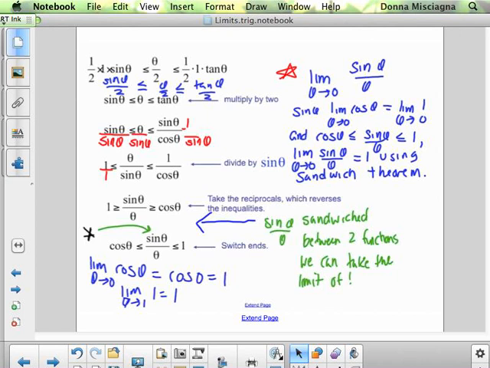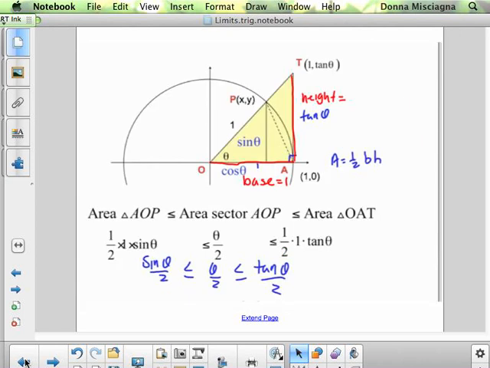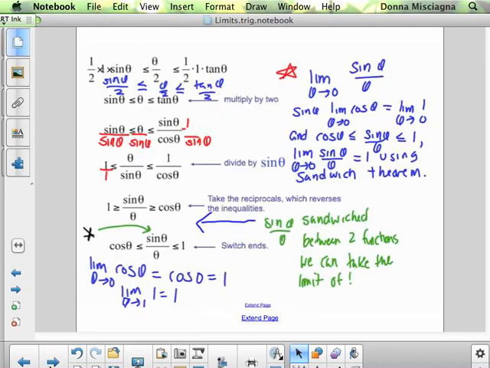Hurrah! And the world rejoiced because we found out the answer, that the limit as theta approaches 0 of sine theta over theta is 1. And we proved it thanks to a very unlikely source, two triangles and a sector. Thank you, two triangles and a sector.